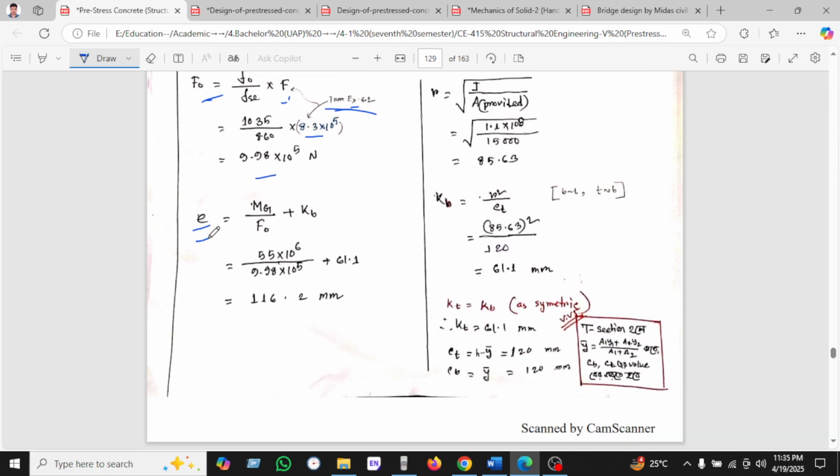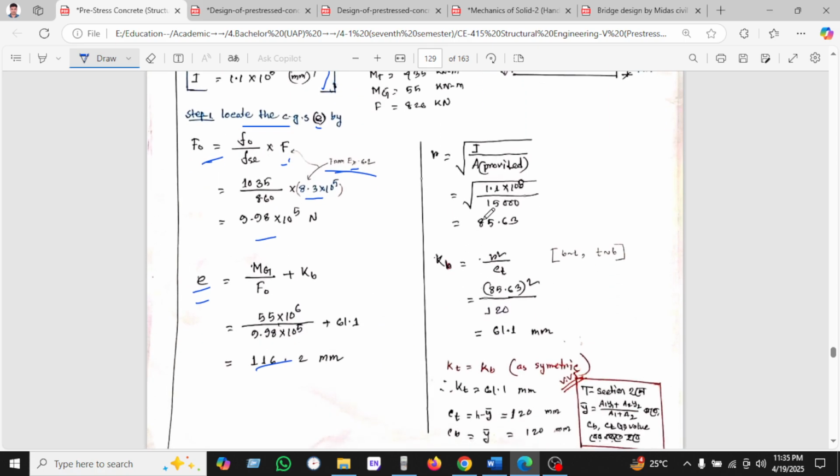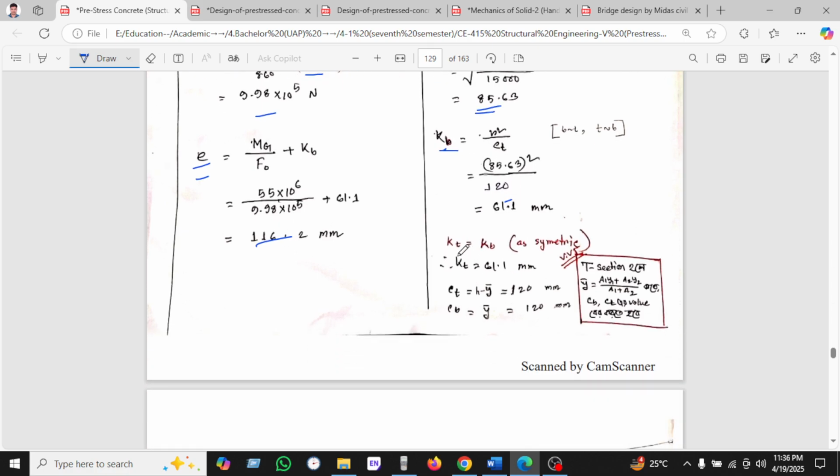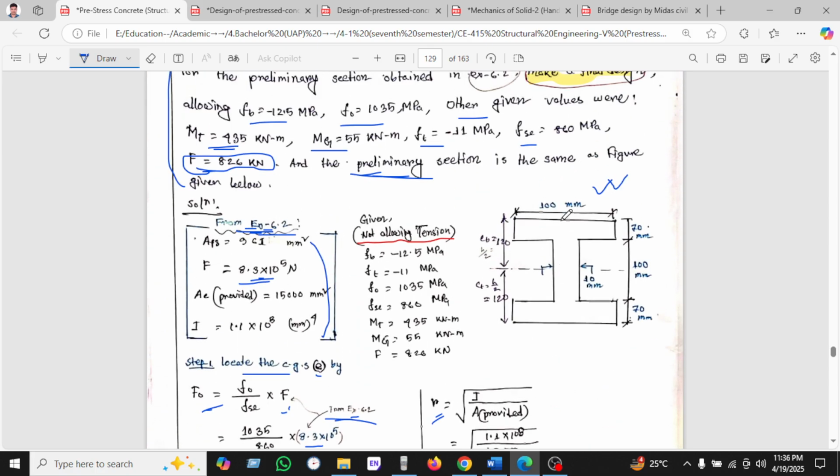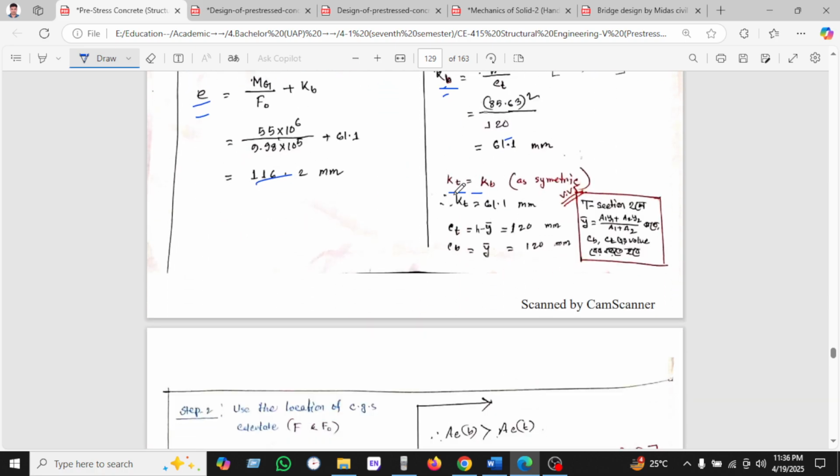And in this way we will use the eccentricity which is found here, and we've seen the R is taken using this formula, and K current bottom is taken from this formula, and K top and K bottom are symmetric, as we've seen, that's why the top and bottom current will be the same.